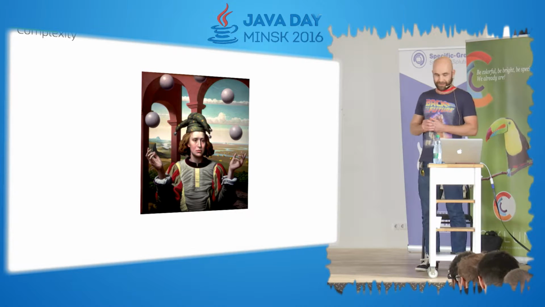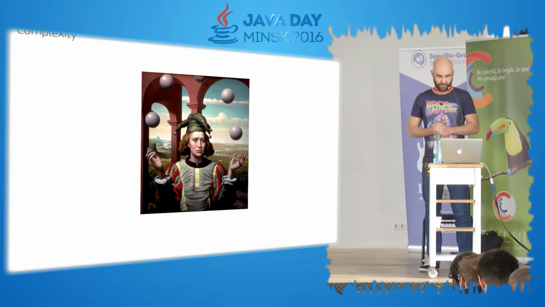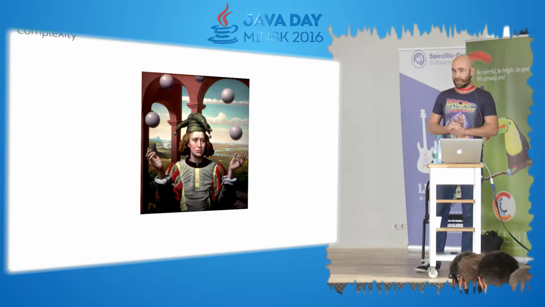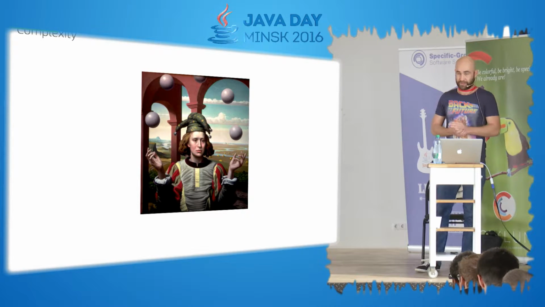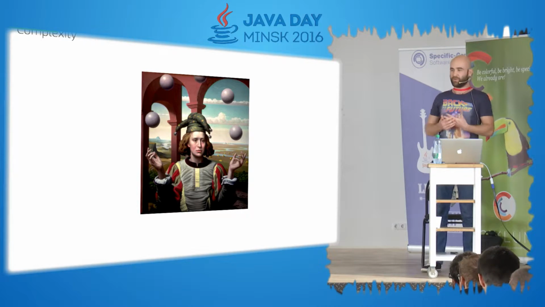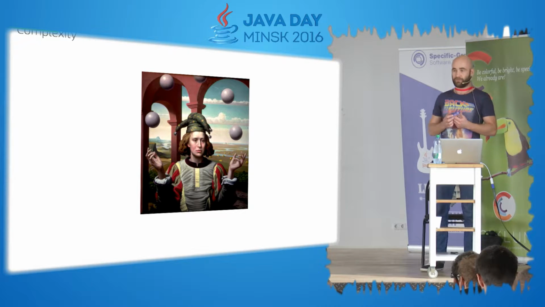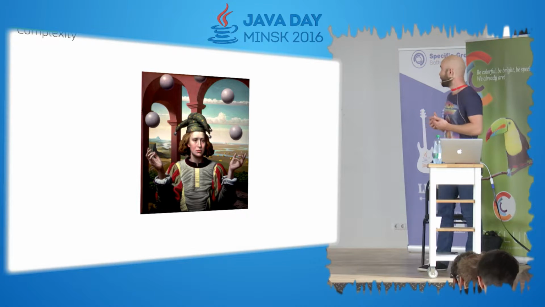And Rich Hickey gives a great analogy of complexity with juggling. The reason is that we are people, we are mortal, we are limited in our capabilities. We can only do a certain amount of things at the same time, and we can only think and consider a certain amount of problems at a time.